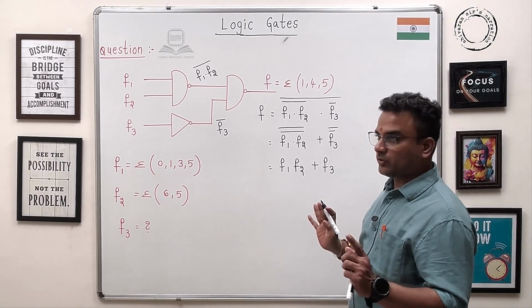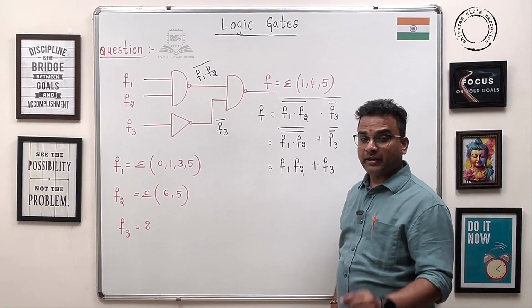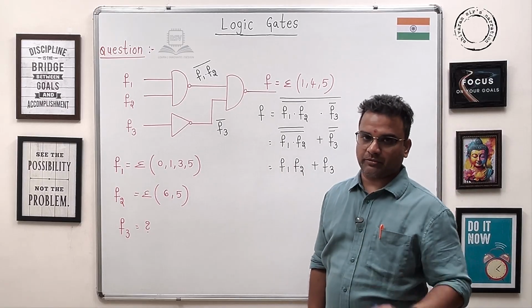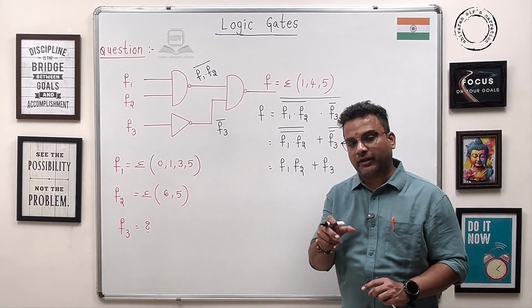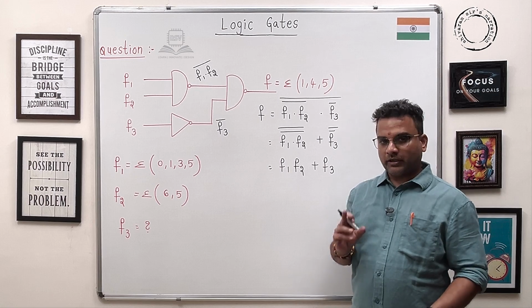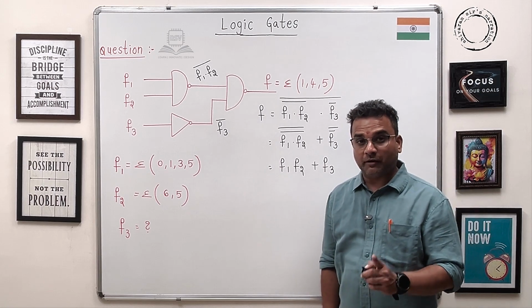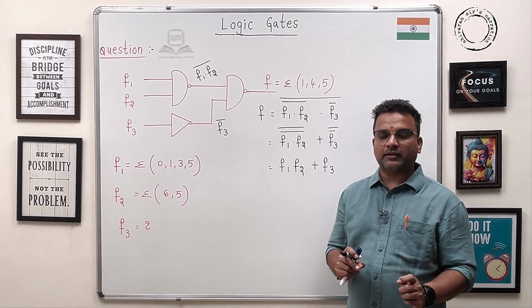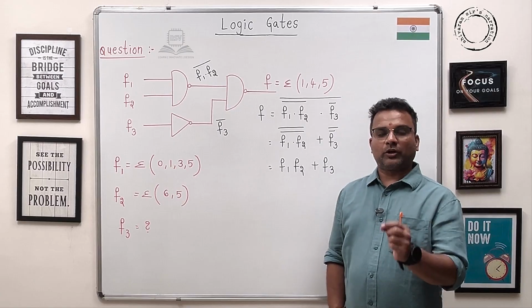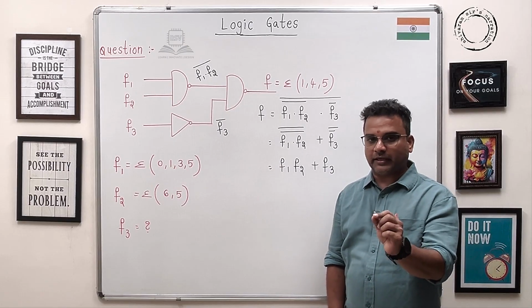Now guys, F1 into F2, what does it mean? It is AND operation. Remember guys, F1 into F2 is F1 and F2. For better understanding, you need to know about Boolean algebra and Venn diagrams concept. Hence we have given the link in the description. You can go and check, watch the video, and you will get a clear understanding.